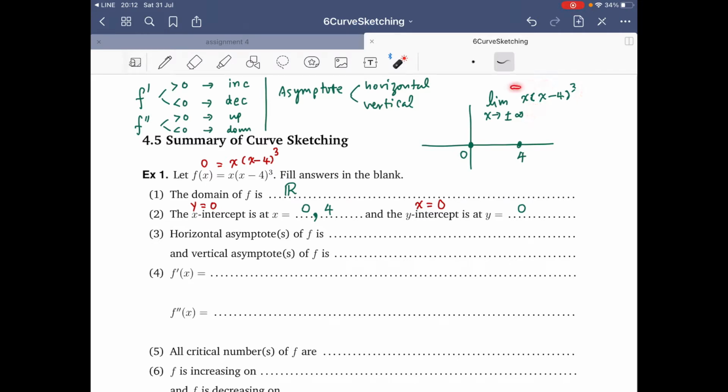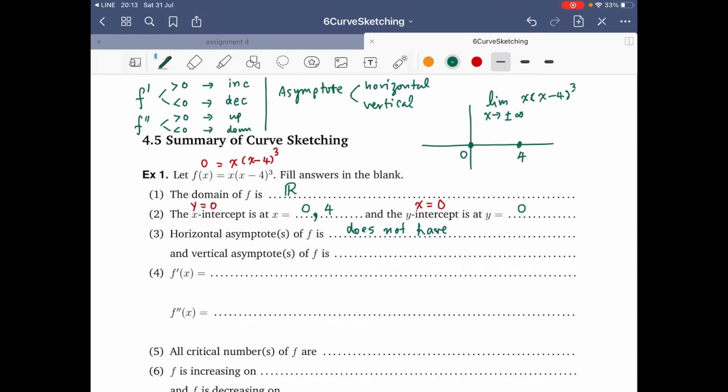Or if your x is large in terms of a negative, then it will be a large number in terms of negative as well. So the horizontal asymptote we don't have, or we just say that this one does not have the horizontal asymptote, okay.